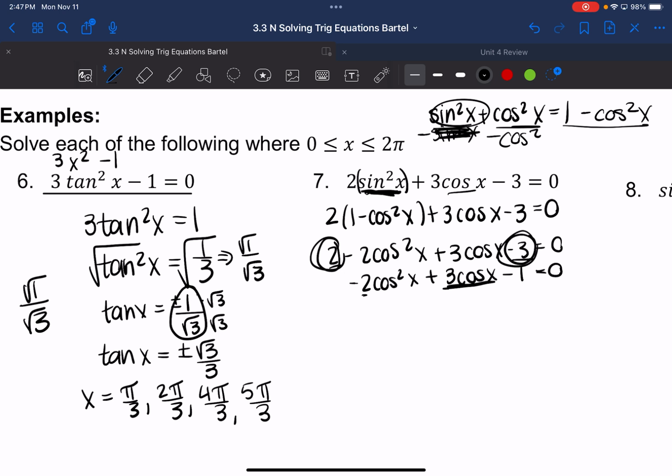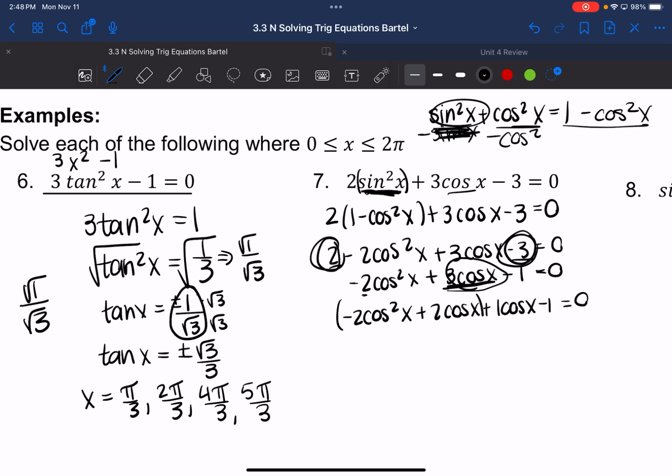What's something that adds to give me 3? 2 and 1. So I could write this as negative 2 cosine squared of x plus 2 cosine of x plus 1 cosine of x minus 1. All I did was write 3 as 2 plus 1 so that it was 2 separate terms. Now that I have 4 terms, I'm allowed to factor by grouping.